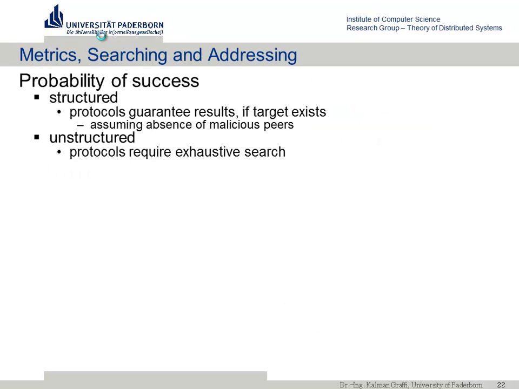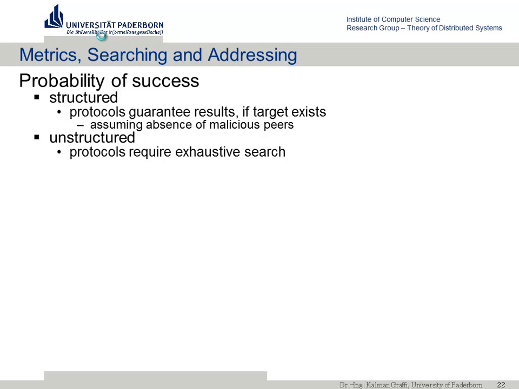What I will show in the last four slides is, if you have an overlay and look at the lookup or search aspects, how do you measure when a solution is good? One measure is the probability of success. In structured overlays you should find the target of the object and the peer responsible for it, if it exists.